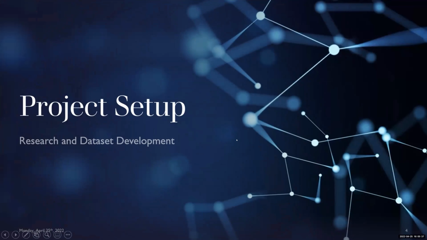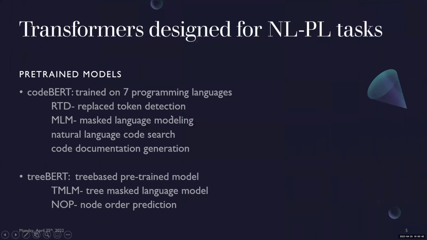And the project setup, research and data set development: transformers designed for NLPL tasks, which is natural language programming language tasks. I found 2 pre-trained ones. CodeBERT, which I used, was trained on, I think this might be wrong, it might be 6 programming languages actually, and mainly made for replaced token detection and masked language modeling, but also some natural language code search and code documentation generation.